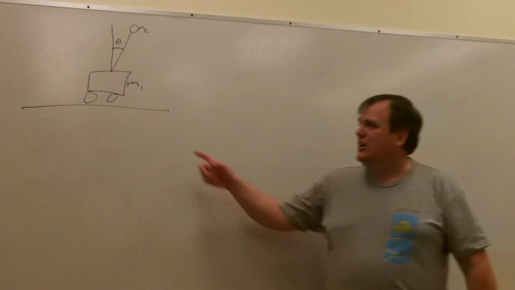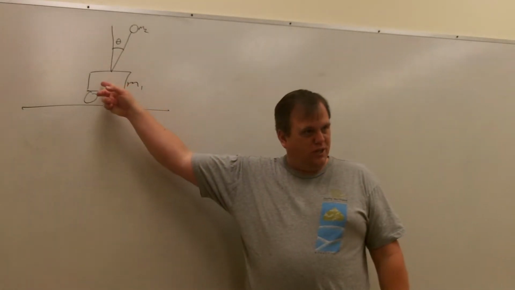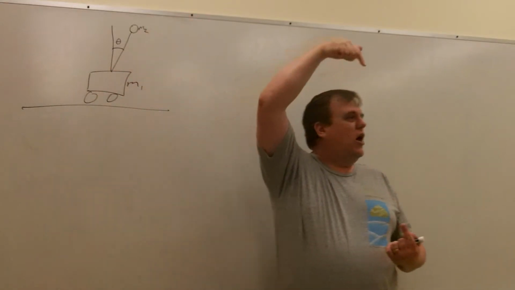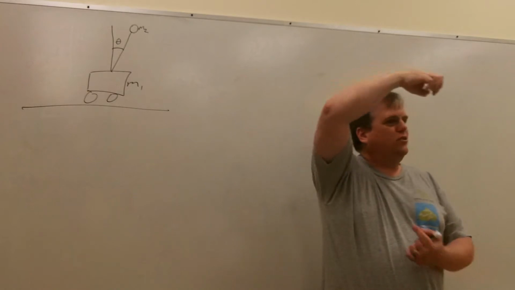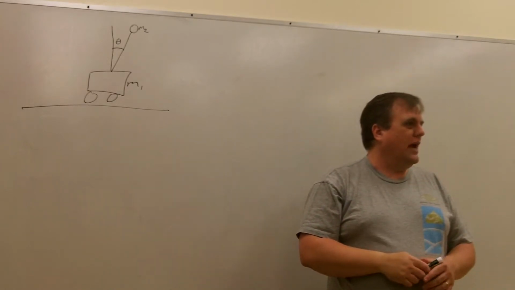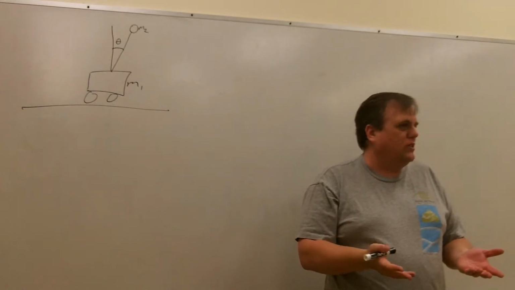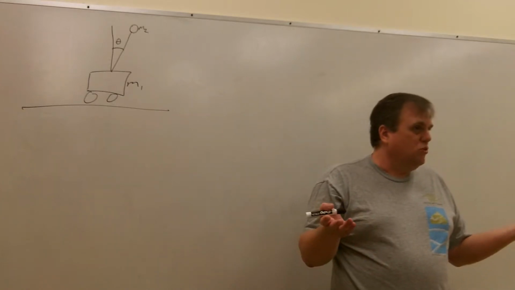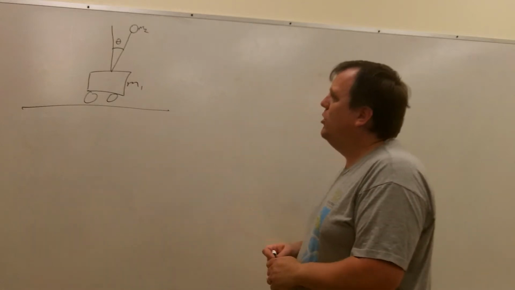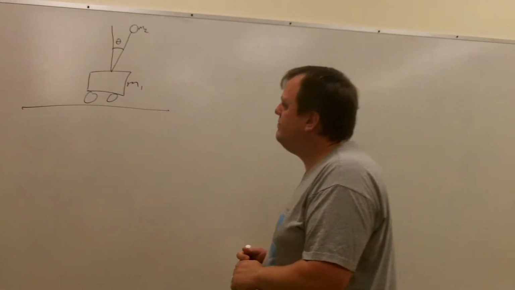You take a toy train set, it can go forward and backward, and you put a rigid rod with a ball on top of it, and you say balance this by moving the train forward and back. So it would make sense to resolve things into XY coordinates. Reasonable? Okay. So that's how I'm going to break this one down.